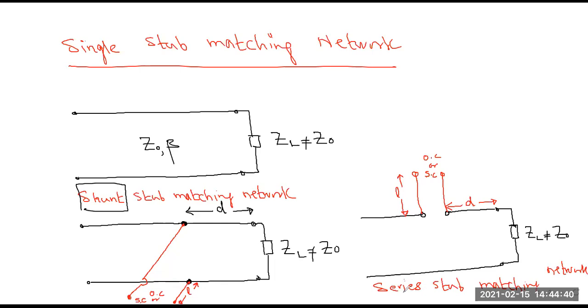Series stub matching. Again, the difference, whether it is a series stub or shunt stub, is right in front of you. When you connect the stub parallel to the main transmission line, then it is a shunt stub matching network. And when you connect the stub in series with the main transmission line, then it is known as series stub matching network.